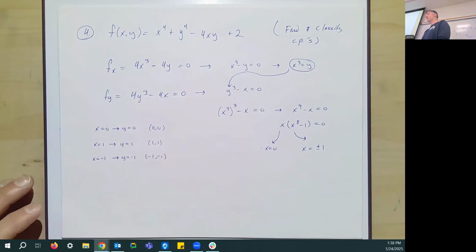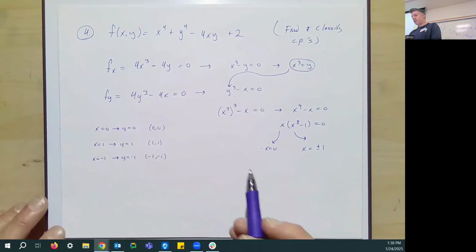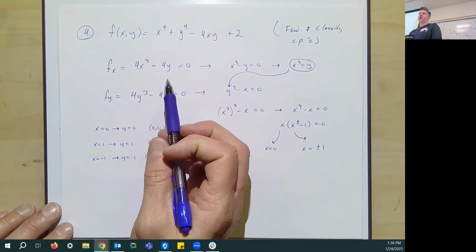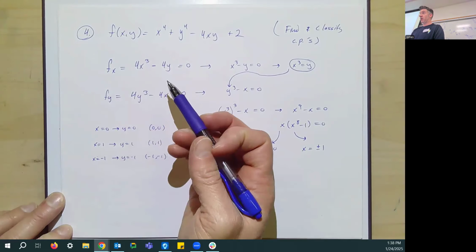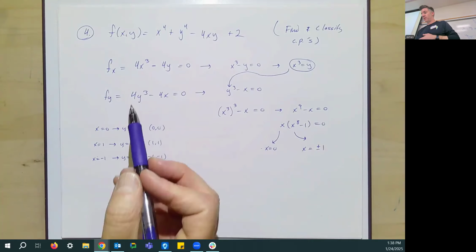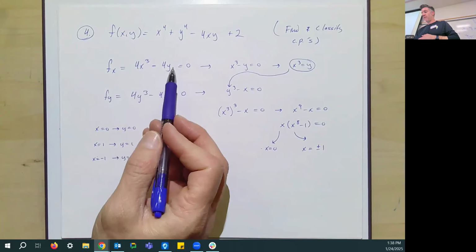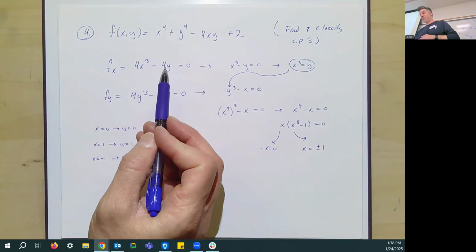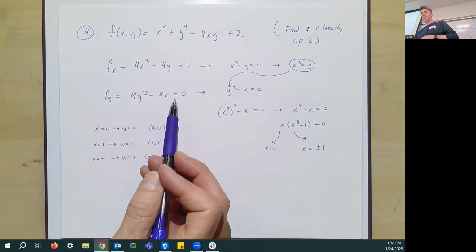Something I want to point out because it comes up more often than you might imagine. These two partial derivatives are what we would call symmetric. What that means is if you interchange x and y, you still have the same set of two equations. If I interchange x and y here, I get 4y cubed minus 4x, and here I get 4x cubed minus 4y.